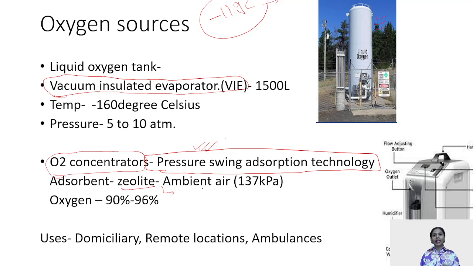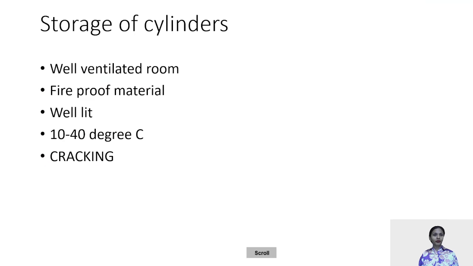The ambient air passes through it, it adsorbs everything other than oxygen, and thus oxygen is delivered to your patient. The FiO2 you can deliver is around 96% pure oxygen. These are generally used for domiciliary purposes, or certain remote locations can use liquid oxygen.